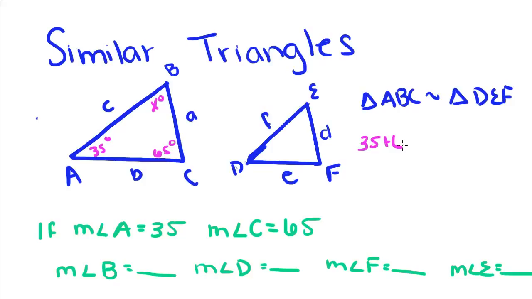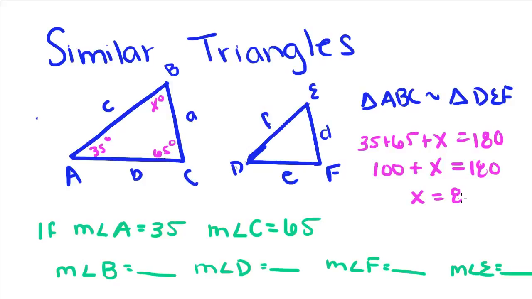So 35 plus 65 plus x is equal to 180, because all the angles in a triangle always add up to 180. So 35 plus 65 is equal to 100, plus x is equal to 180. So if we subtract 100 over, x is equal to 80. So that means B is equal to 80.